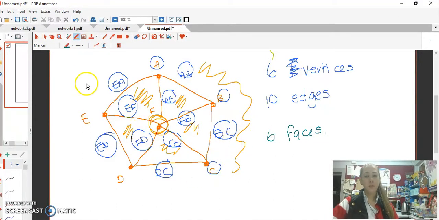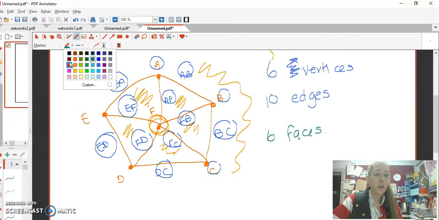Now quickly before we move on, I just want to talk about a different concept which we might not have gone over, which is the degree of the vertex. I talked about it a bit in the last video, but I didn't actually explain what it was.